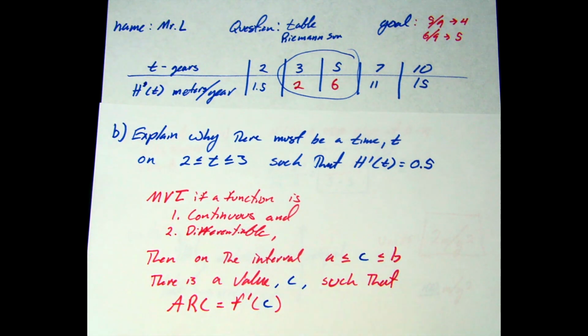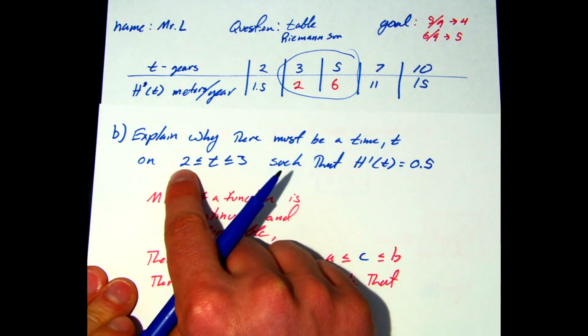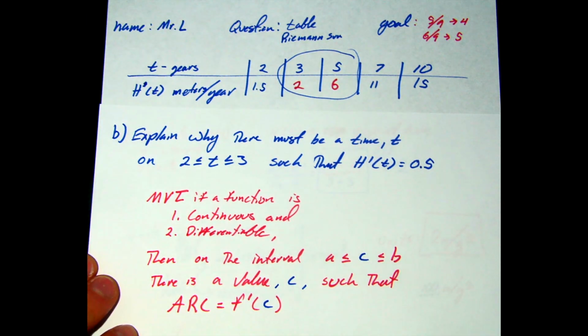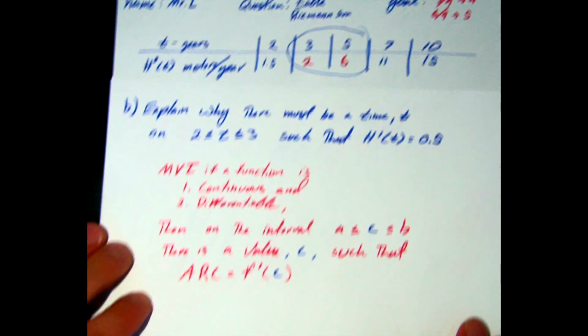On this problem, it's asking between 2 and 3. So I'm going to use these 2 points right here, 2 and 3. First thing I'm going to do is find the average rate of change.